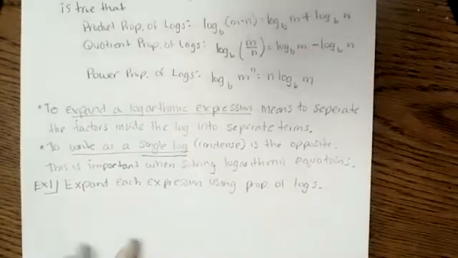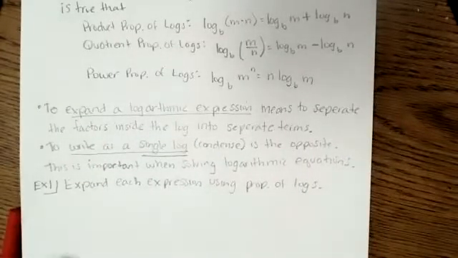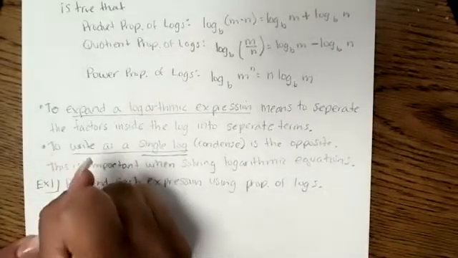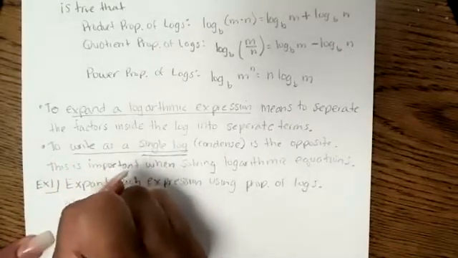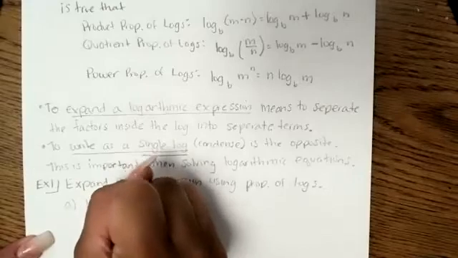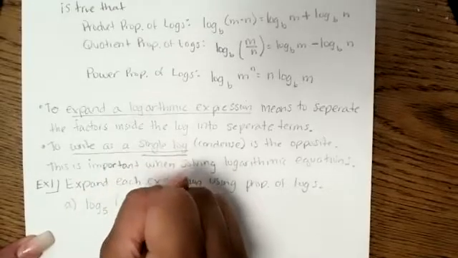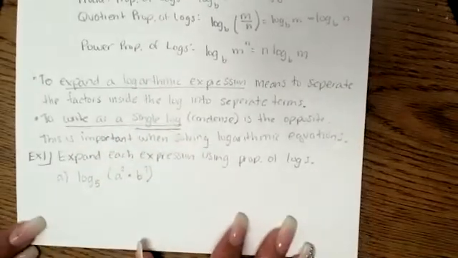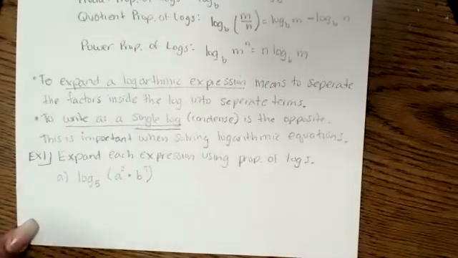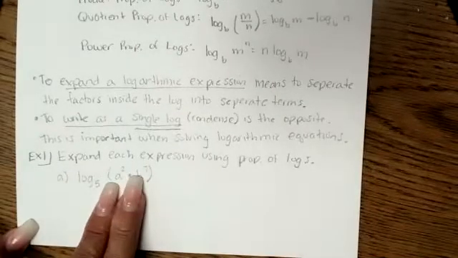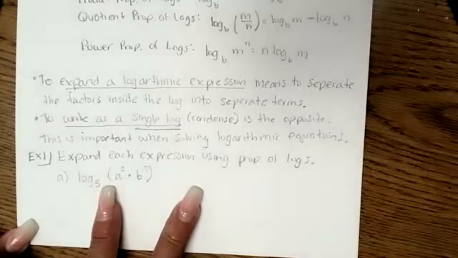For our first example, we need to expand each expression using the properties of logarithm. So we're going to have log base 5 of a squared times b to the 7th. I'm going to first separate the a squared and the b to the 7th.